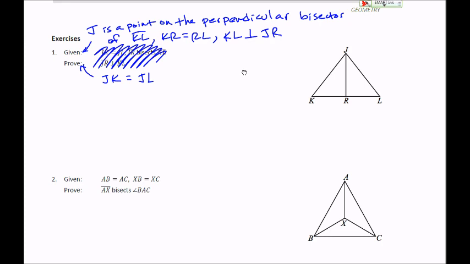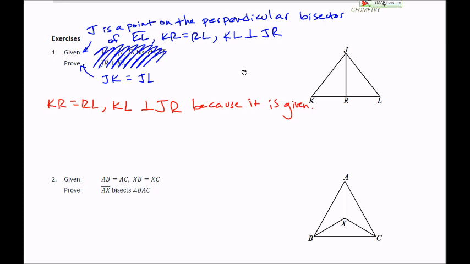In every proof, we start with the given. Now, one really important key to being successful in these triangle congruence problems is drawing on the diagram. You have to draw on the diagram as you do these problems, otherwise you can't see where to go next.